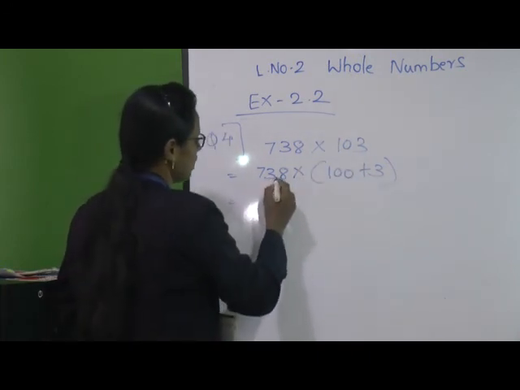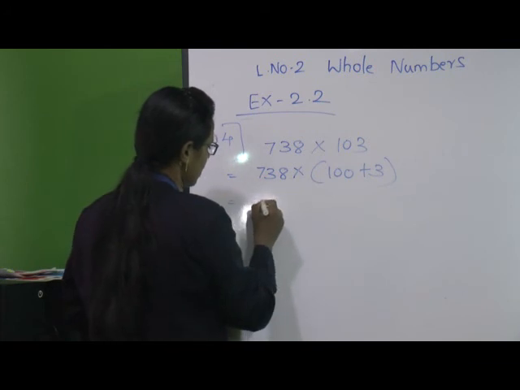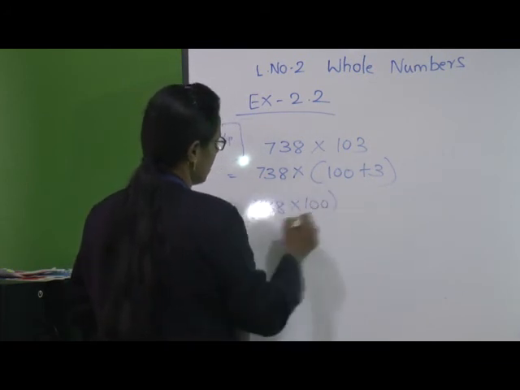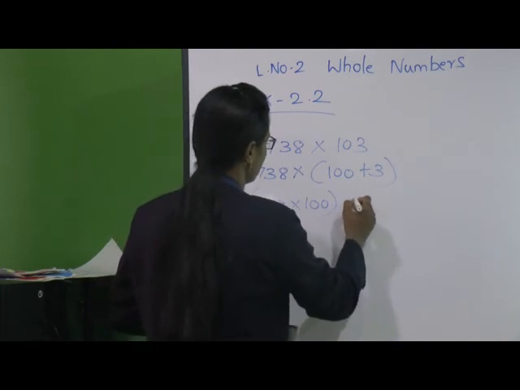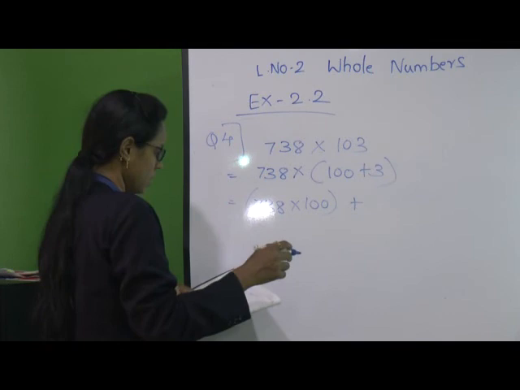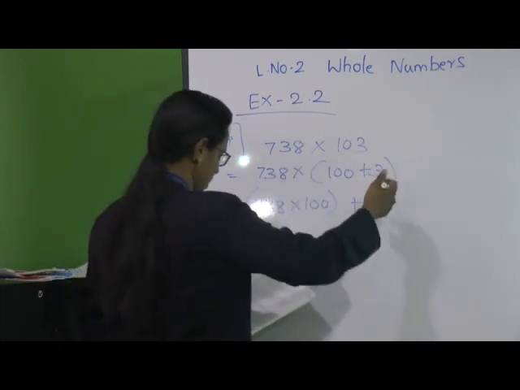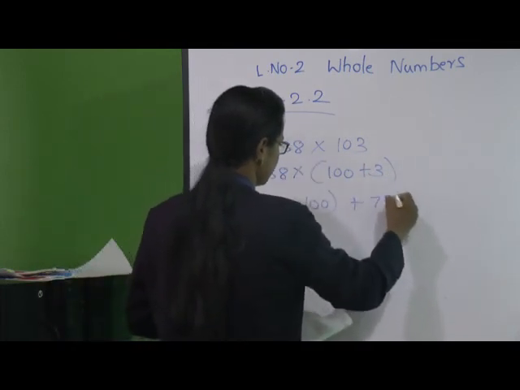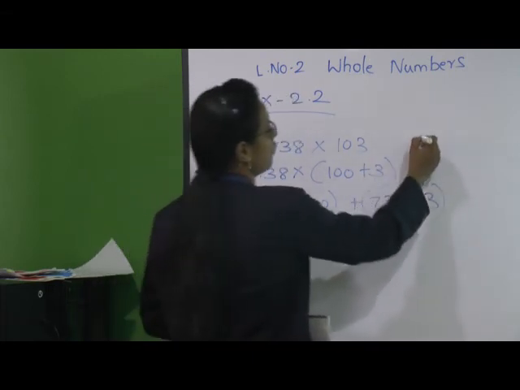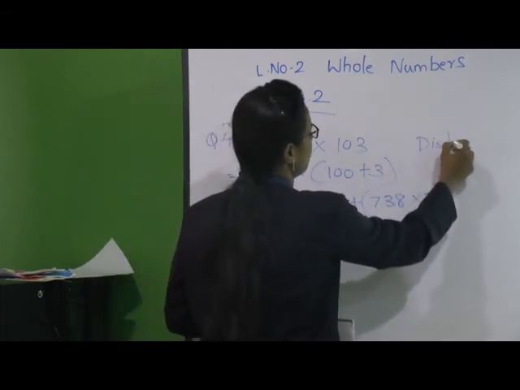So, now this will be multiplied by 100 first, 738 multiplied by 100 and again we will multiply it 738 into 3.